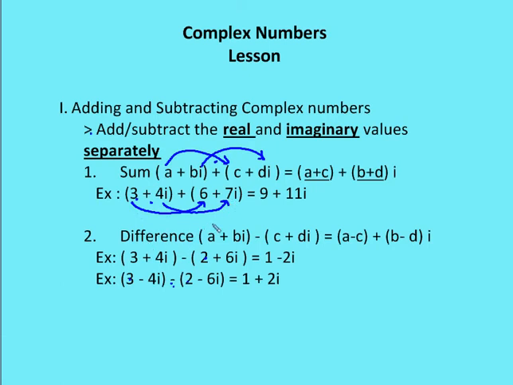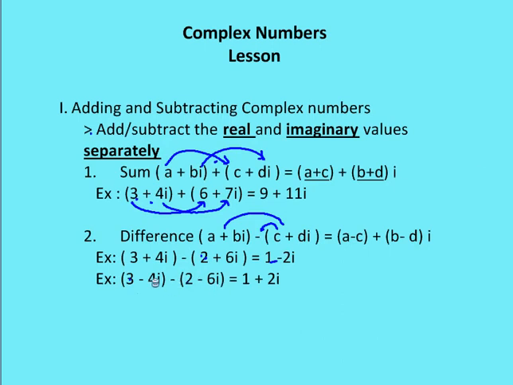Now if I were to take the difference, it would be (a + bi) minus (c + di). It would be a minus c, distributing the negative to the c, plus (b minus d)i. As an example, using numbers, (3 + 4i) minus (2 + 6i) would be 3 minus 2, which is equal to 1, plus 4i minus 6i, which would be equal to negative 2i. Or in a different example, (3 minus 4i) minus (2 minus 6i).